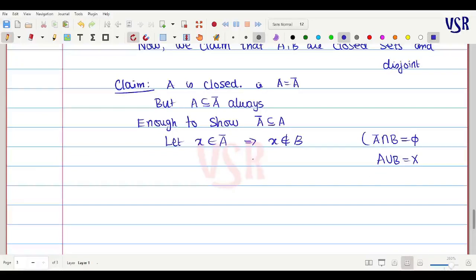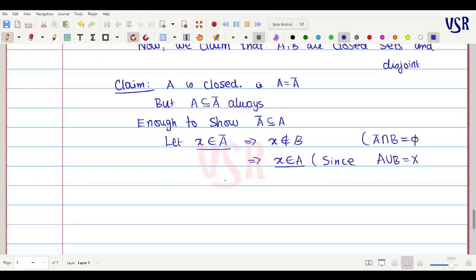So this implies that x belongs to capital A. ஏன் அப்படின்னா, since this A union B equal to X வந்து கண்டிப்பா A ல x capital X ல இருக்கும். ஓகேங்களா? ஏன்னா ஹோல் ஸ்பேஸ் அதுதானே. ஆனா B ல இல்ல அப்படின்னா அது கண்டிப்பாக இதுல தான் இருக்க முடியும். அப்போ என்ன ஆரம்பிச்சிருக்கீங்க, x belongs to A closure ஆரம்பிச்சிங்க, x belongs to A ன்னு முடிச்சிட்டீங்க.